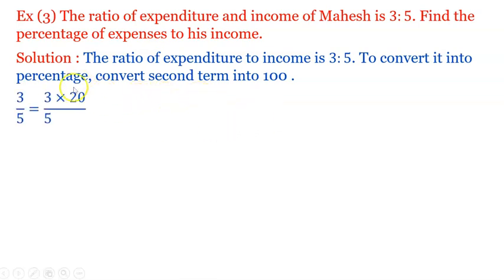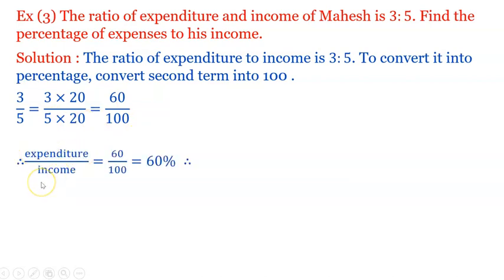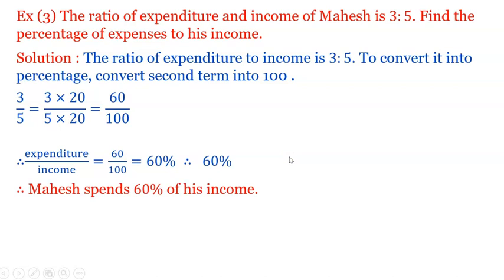Now here 3/5 is equal to 3 into 20 over 5 into 20, that is, multiplying the numerator and the denominator by 20 for this fraction. Then you will get 3 into 20, 60, 5 into 20, 100. And hence expenditure upon income is equal to 60 upon 100, that is 60%. Hence here the answer is Mahesh spends 60% of his income.